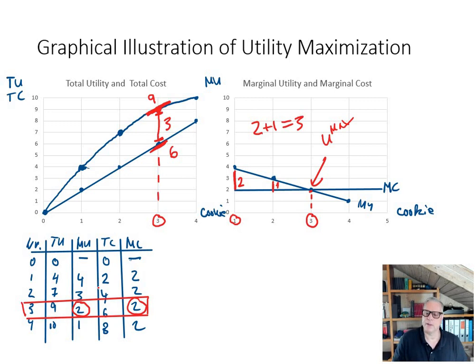So you have it. And the third cookie gives you a marginal utility of 2, and you have to pay 2. And then we say that indifference breaks in favor of consumption, and we can see that we maximize utility whenever the marginal utility is equal to the marginal cost.